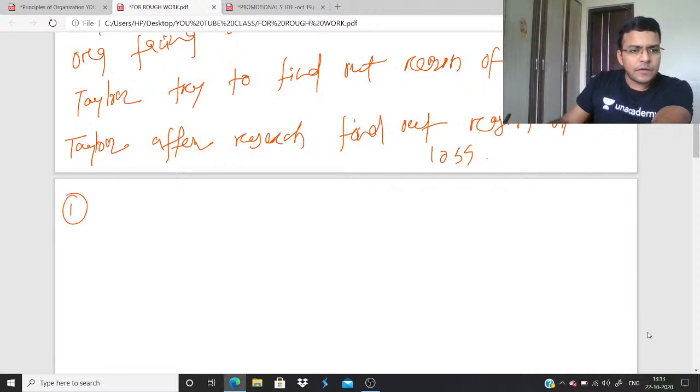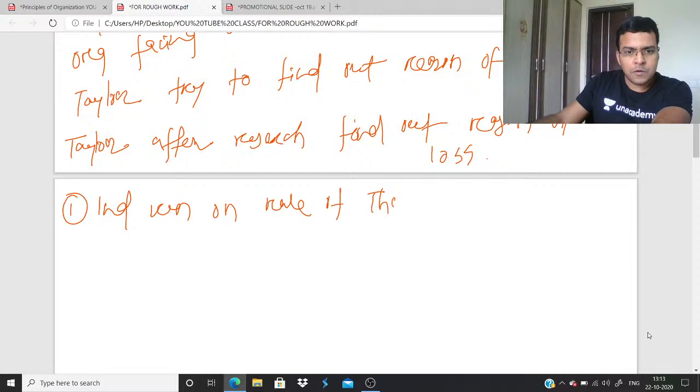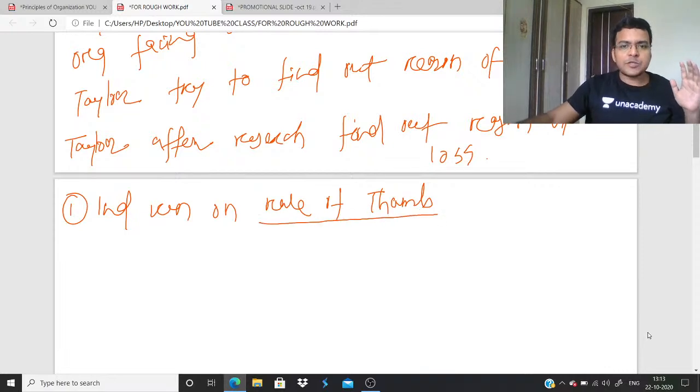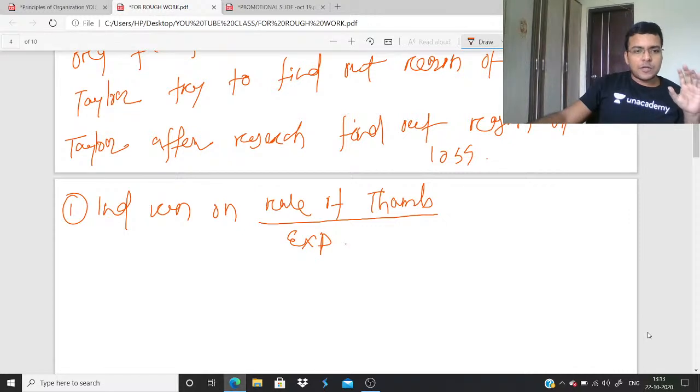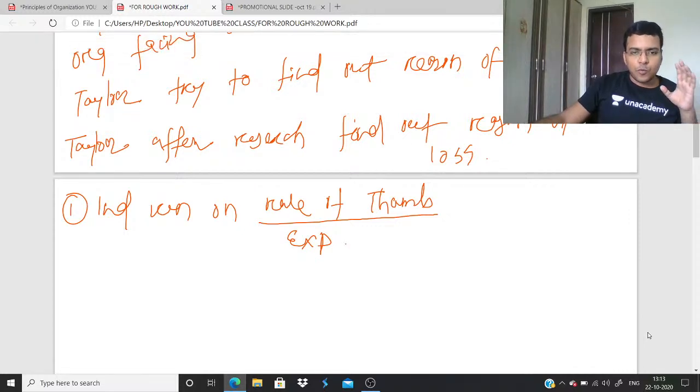He found one reason: industry runs on the rule of thumb. Try to understand what the rule of thumb is. Rule of thumb means based on experience. Industries are run on the basis of rule of thumb.